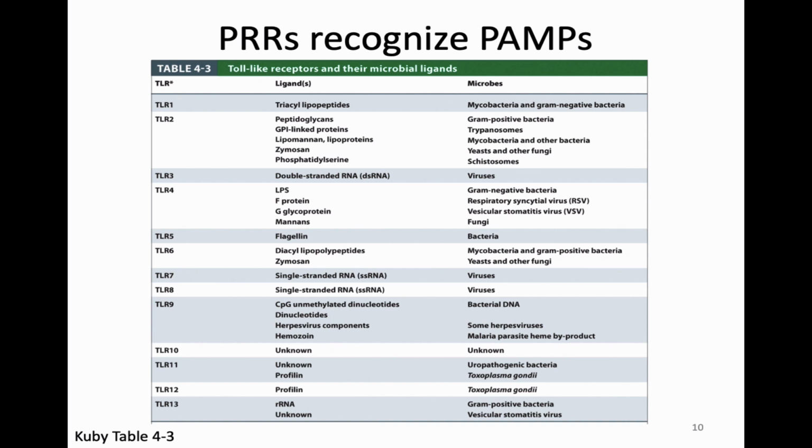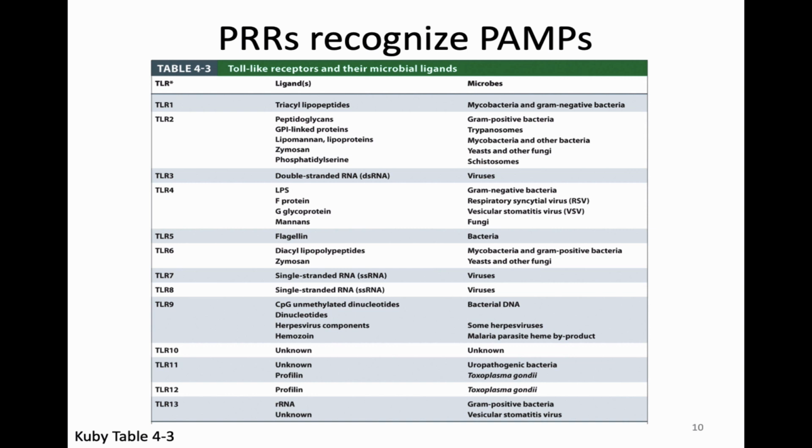PAMPs stands for pathogen-associated molecular pattern. And in this table, you can see a number of examples of PAMPs here. So you can again see peptidoglycan as well as triacyl lipopeptides. There's zymosan, there's LPS, there's flagellin, a number of different potential PAMPs.